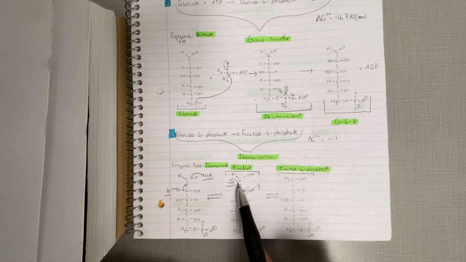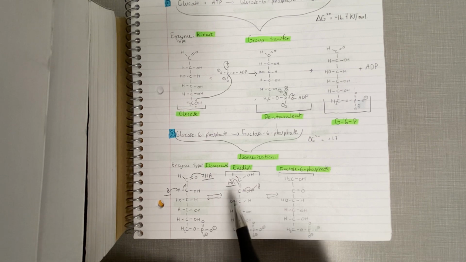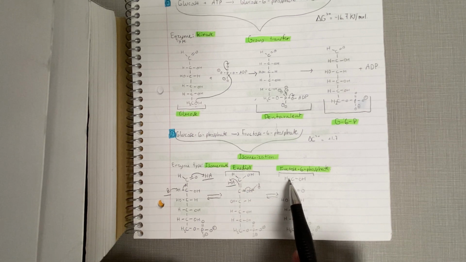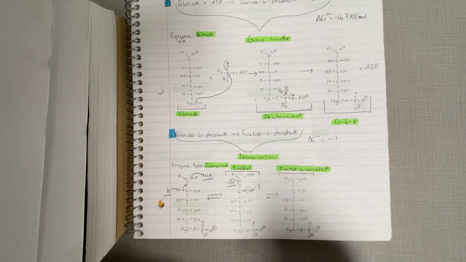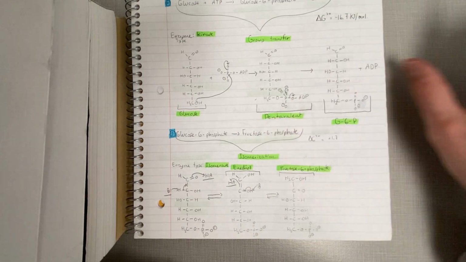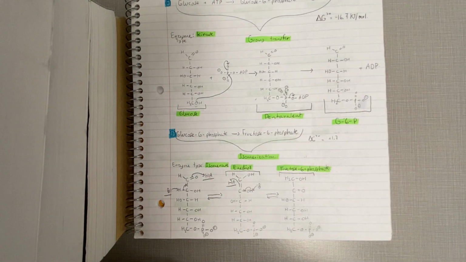Carbon wants to be bonded to 4 atoms for its octet. So this would leave us with the carbon being bonded to 2 H, 1 hydroxy, and then to this carbon here. So this product is now fructose 6-phosphate, and we obtained it by doing an isomerization with the enzyme type isomerase.